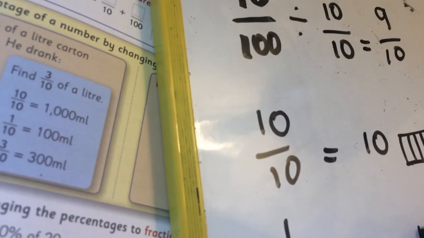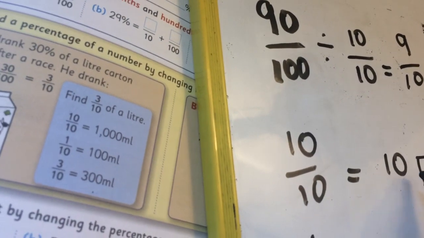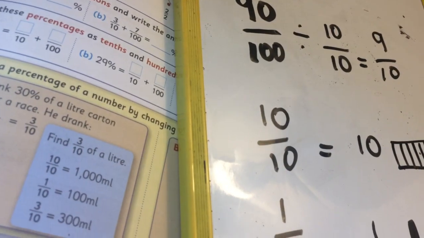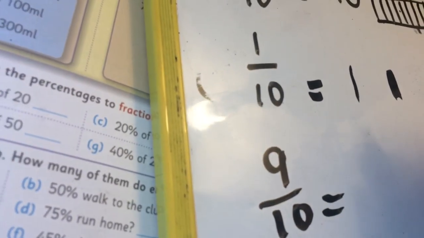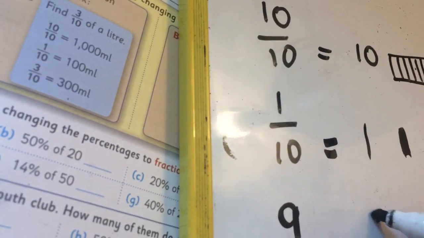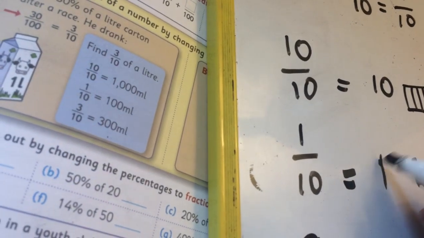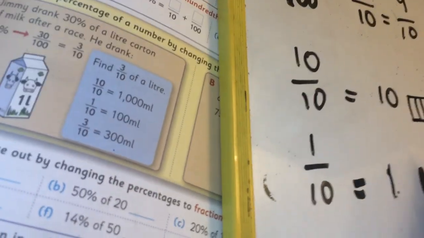We know 1/10 is equal to 1 because we divided 10 by 10. So what do you think 9/10 would be equal to? 9/10 would be equal to 9. Okay, try those, see how you get on.